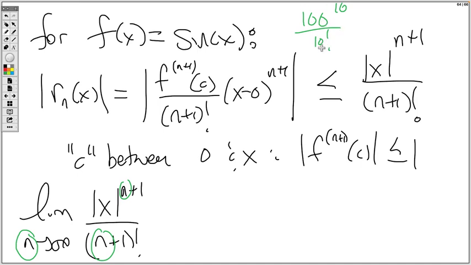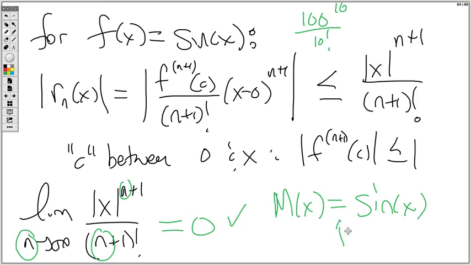You with me or not? So early on, the powers are going to be winning. But then eventually, when n gets up to whatever, now we're going to be multiplying by factors bigger than 100. So eventually this goes to 0, which proves that the Maclaurin series actually equals sine of x.